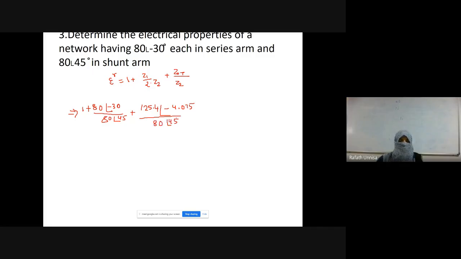Since the terms are in polar form, we can do the division successfully, and hence we will keep them in polar form without converting them into rectangular form.